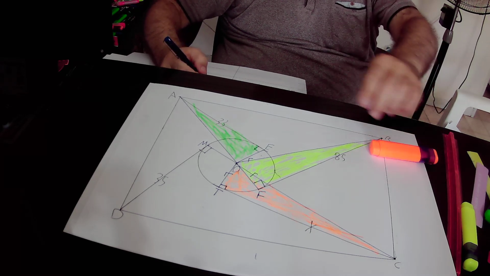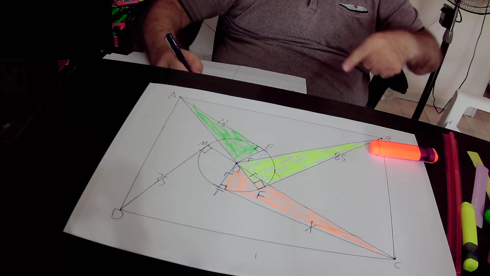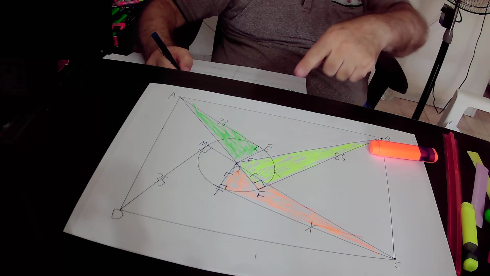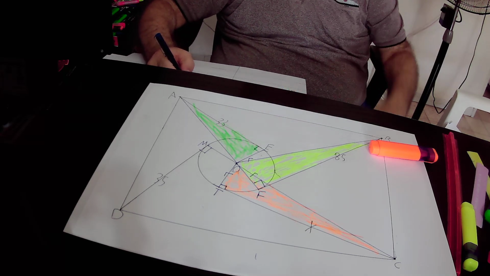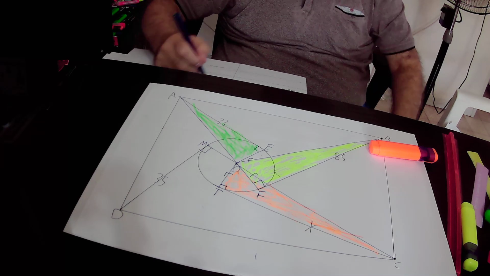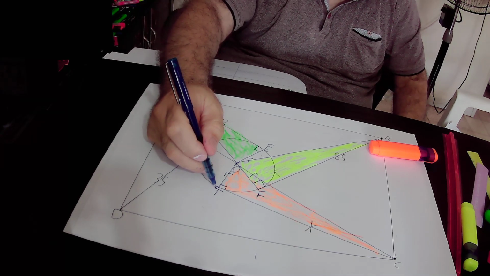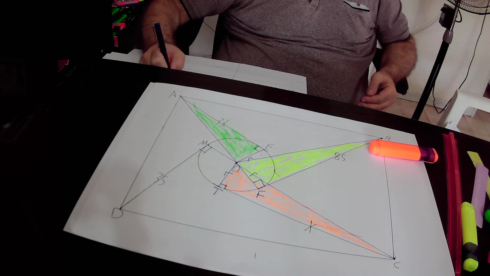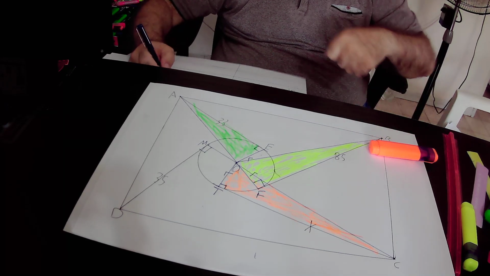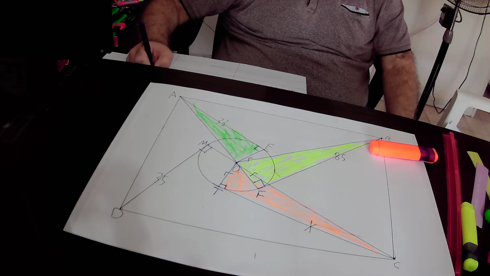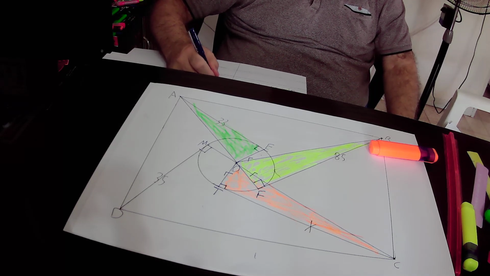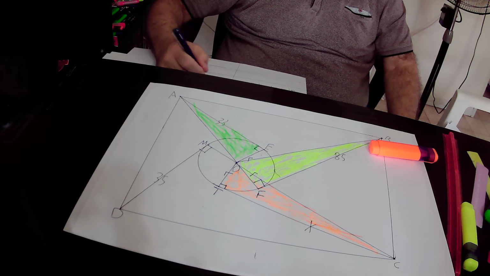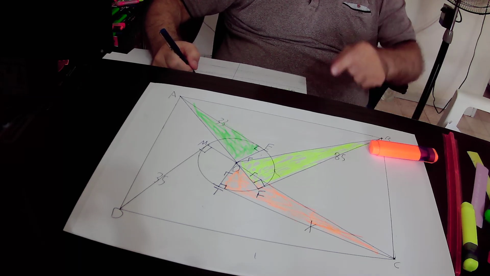According to the Pythagoras theorem, in the orange right triangle, OC square equals OT square plus TC square. So CO square equals OT square.